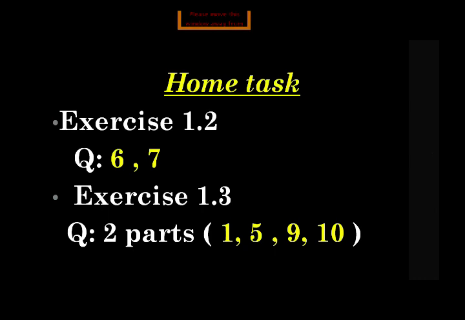Otherwise, no need to draw the Venn diagram. Exercise 1.3, question number 2, parts 1, 5, 9, and 10. Again, I'm repeating: exercise 1.2, question number 6 and 7. Exercise 1.3, question number 2, parts 1, 5, 9, and 10.